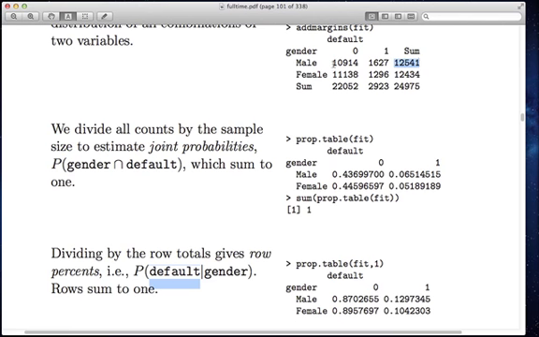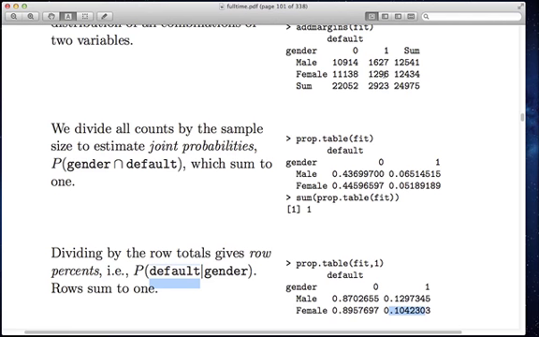If we divide 1,627 by that, we find that about 13% of males default, as opposed to females. About 10% of females default. Where did this 10% come from?